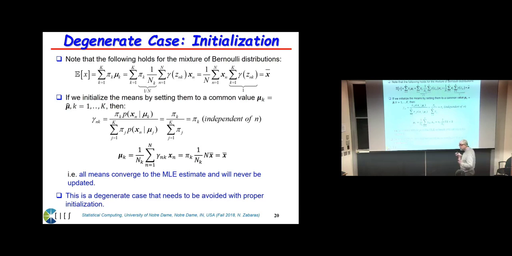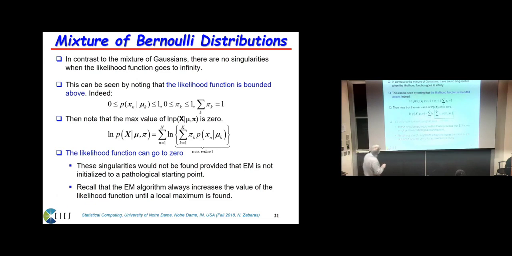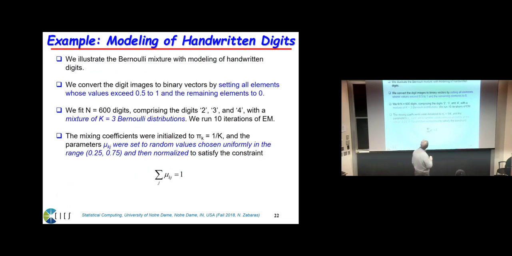So if you start with this pathology, you say, okay, I don't know anything, take them to have the same value, then they will never change in the algorithm. They will keep having the same value. So you need to be sure that in the initialization you put something different, so you can avoid this degeneracy. The calculation is simple. If you plug this into the updates, you realize that N_k is not updated.